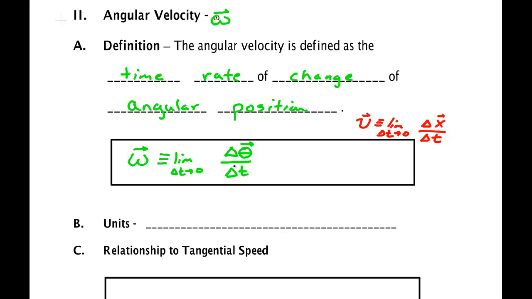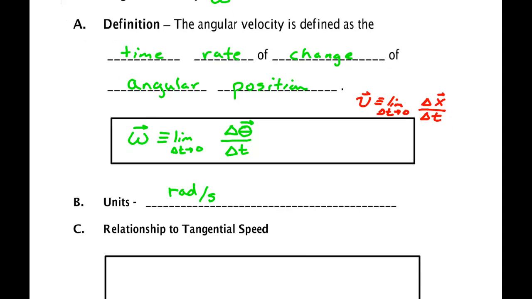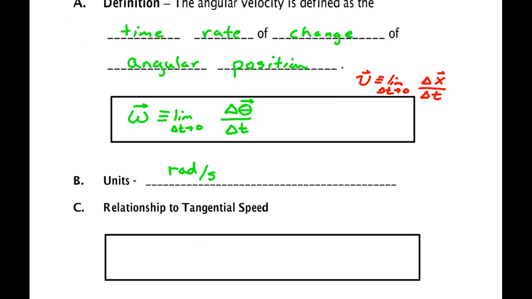So that's its definition. The only thing that gets added is the word angular. The units come from right here. Now that's in radians, which is a unitless quantity, and this is in seconds, so the units are radians per second. Now, in the previous video, we talked about the fact that angular position was connected back to regular position by the radius, which gave the regular position its units of meters.